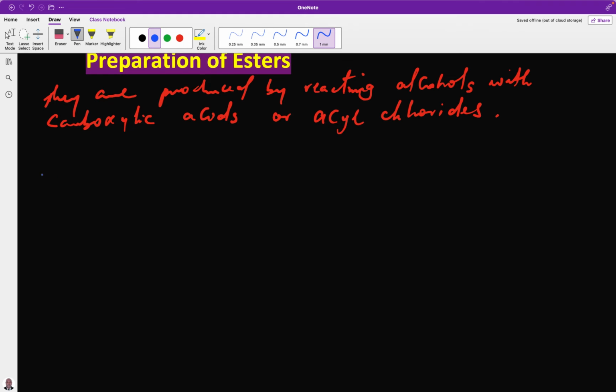Here we have CH3, CH2, plus the alcohol here, which will definitely be ethanol. Let me use a different color.